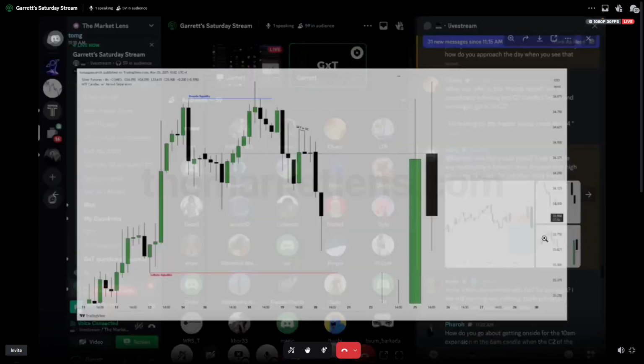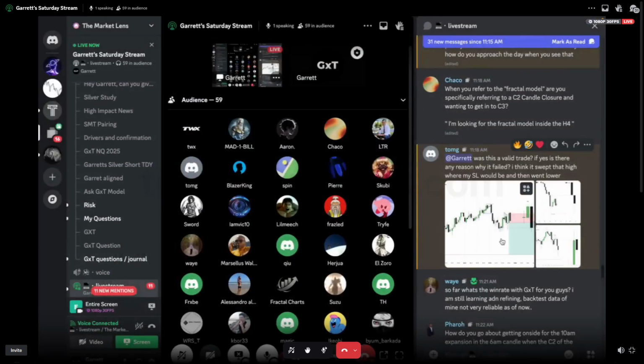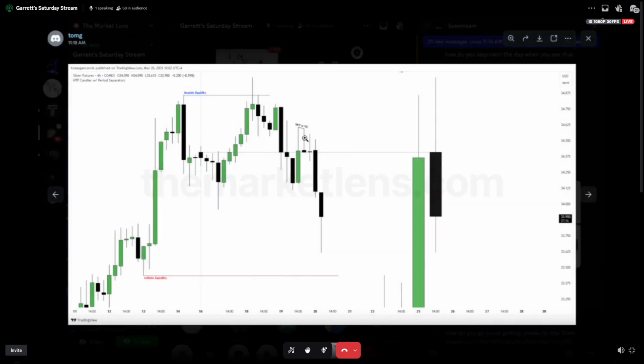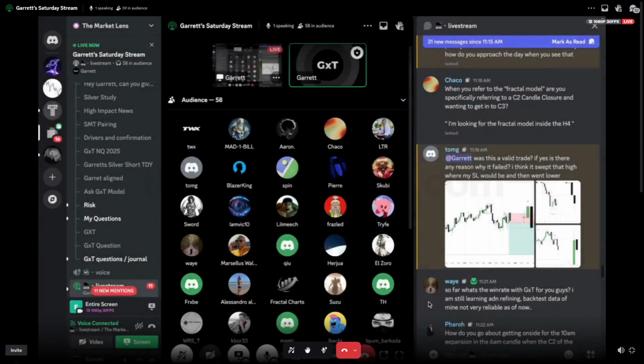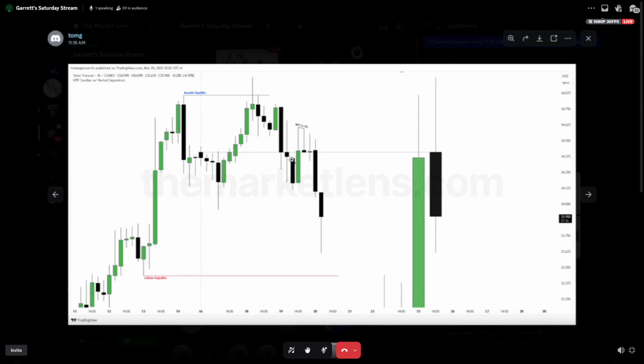Now if I look at the 4-hour here, I'm guessing there's SMT with the high, or this is the high. Is this even the same chart? I'm so confused right now. I'm a little confused. I don't see the wickless candle, unless it was right there. I don't know. Where's it right there?